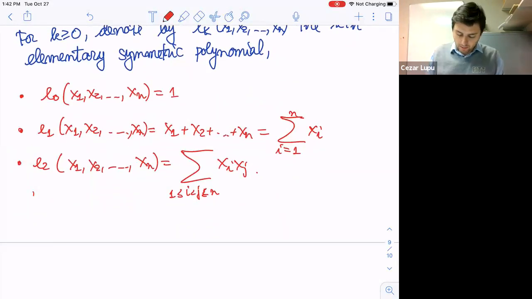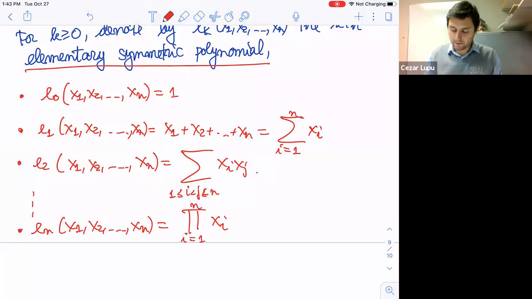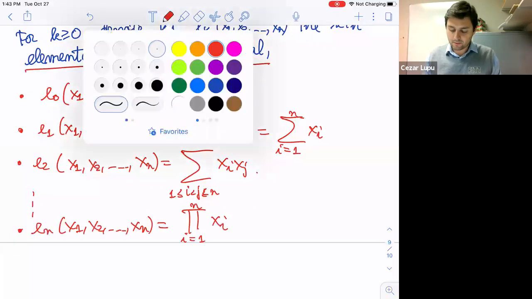And we keep going. We reach the last one, and this would be the product of xi, with i going from 1 to n. So these are the elementary symmetric polynomials, right?